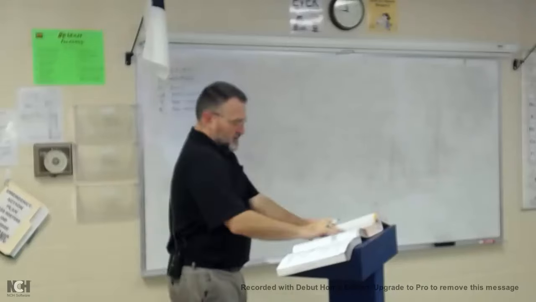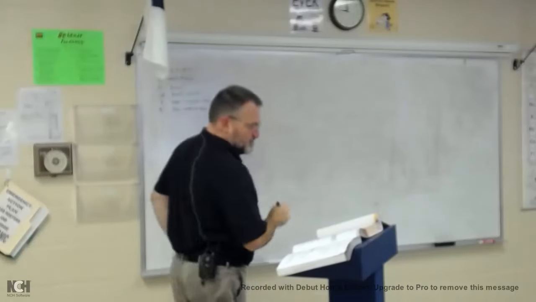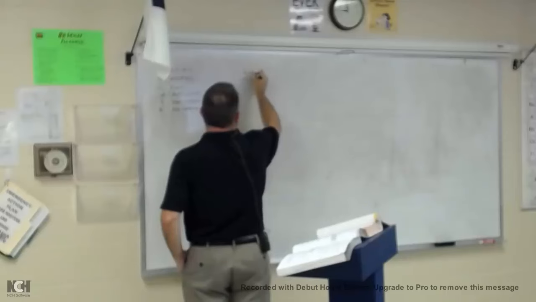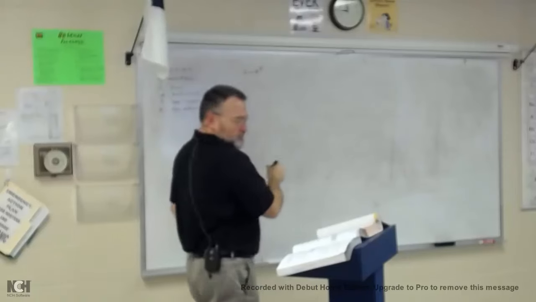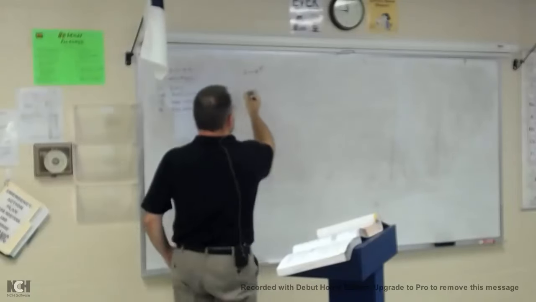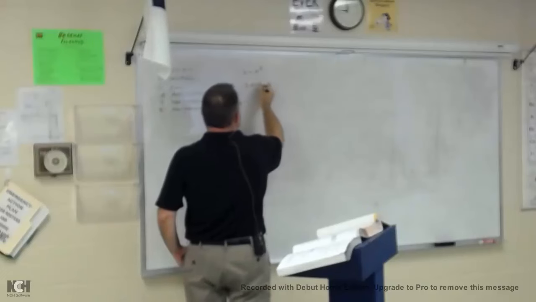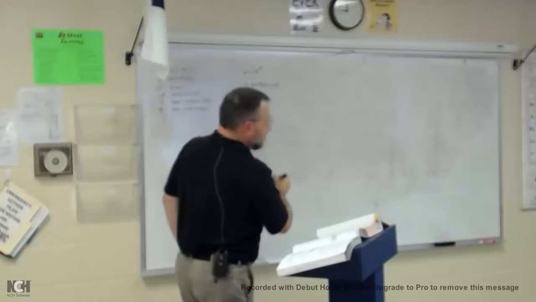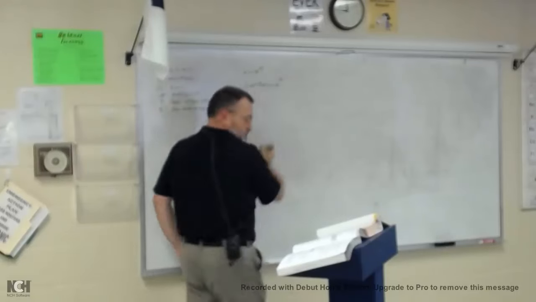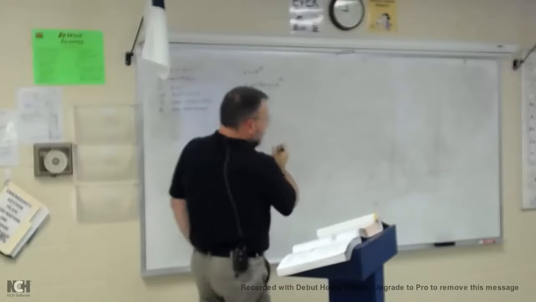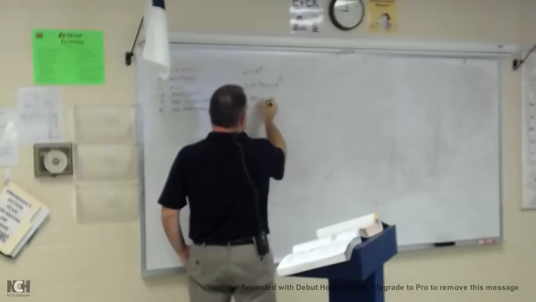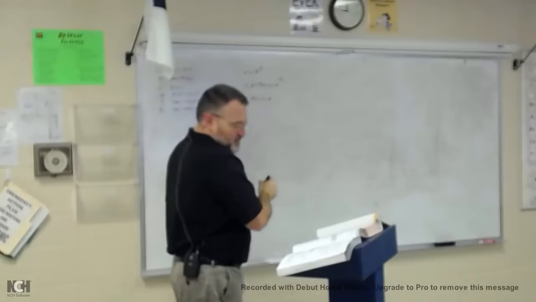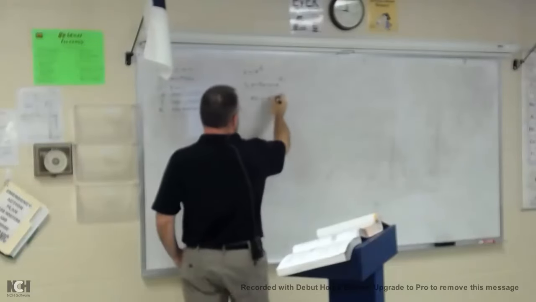Number 8, converting back to decimal. It's 6 times 10 to the 9th, 3.0450 times 10 to the negative third. Again, just keep checking me in the book. 1.56 times 10 to the 21st.